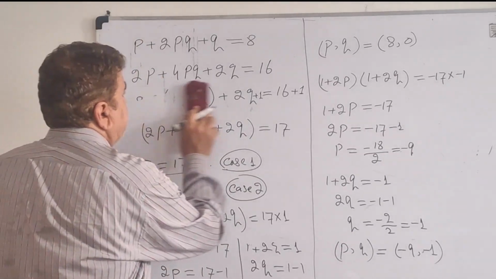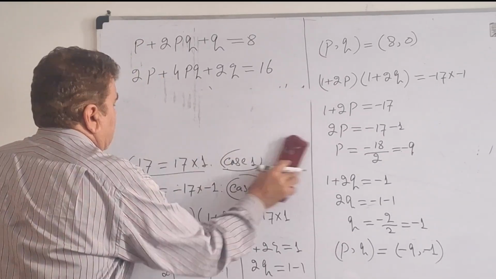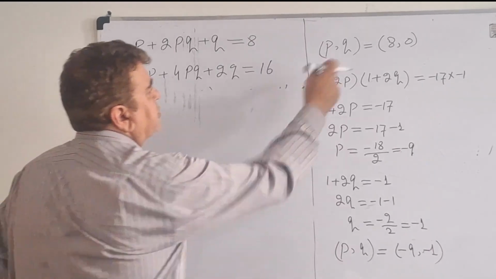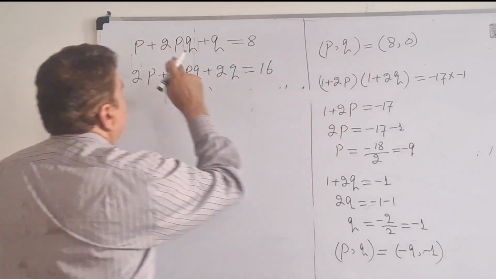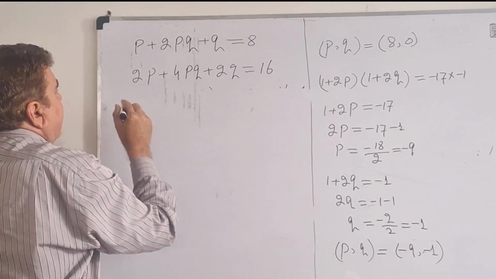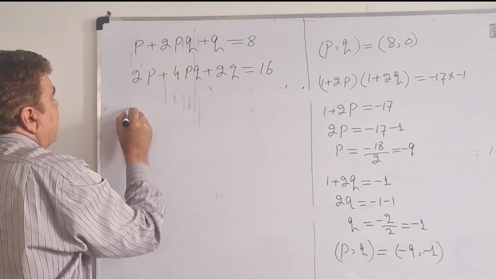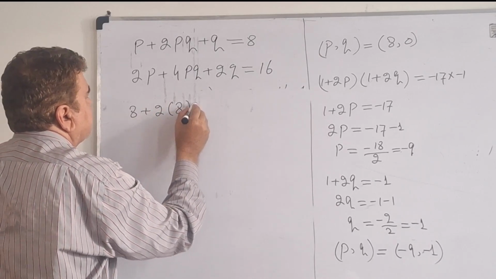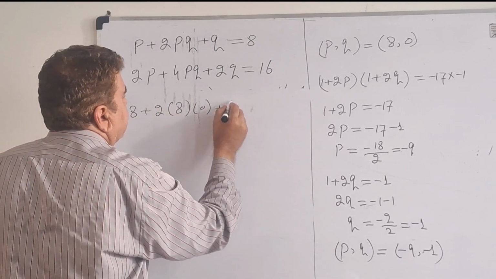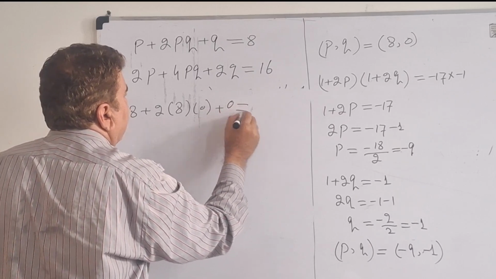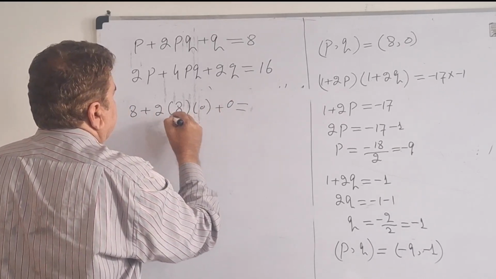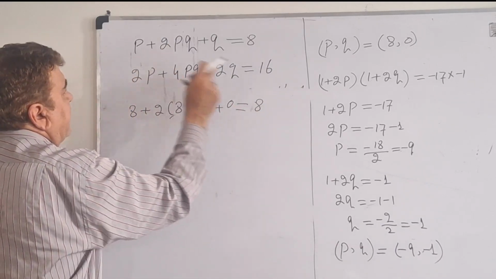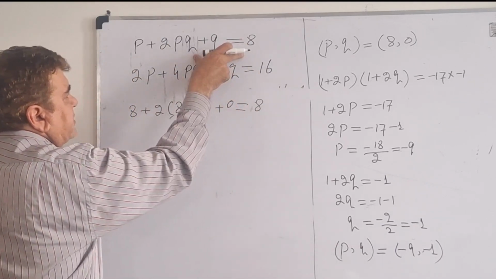For the first case, I need to put these two values in the left side. Putting in the left side, p is 8 plus 2 times 8 times 0 times 0, and this thing goes to 0, so we are left with 8. That is, the left side equals the right side, so the equation is satisfied.